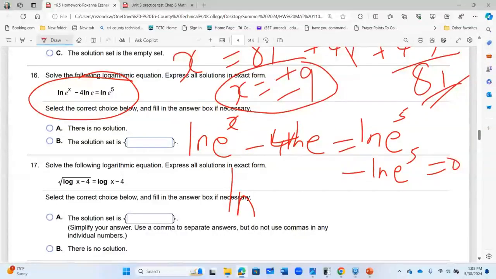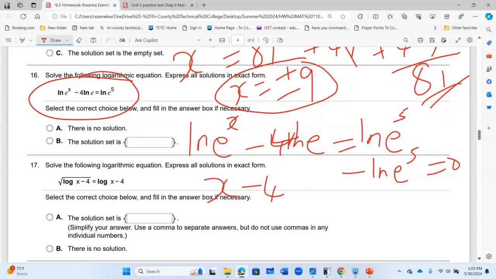So let's collect all of them according to the laws of logarithm. Natural log of e to the power x is already x. 4 times natural log of e: natural log of e is 1, so minus 4.